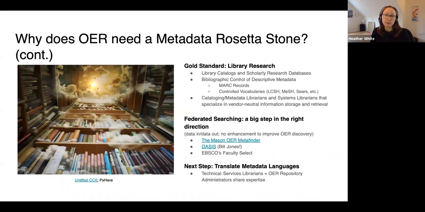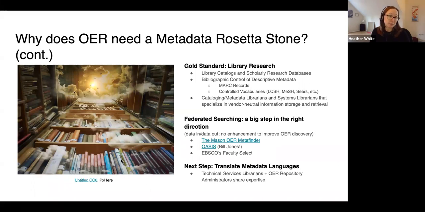I'd be remiss if I didn't mention some big steps forward in the right direction of federated searching. So the Mason MetaFinder, the OER MetaFinder, and Oasis, which Bill Jones is behind. These are federated search engines of OER that pull together content from different OER databases.